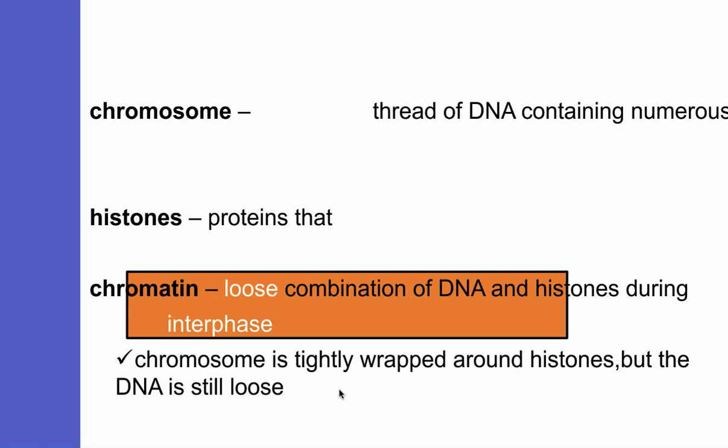We're going to talk about that supercoiling later, because I might not be able to describe that very well in a video. But chromatin is the invisible version of your chromosomes, so maybe we could put that in here: chromatin is invisible for all intents and purposes, hard to see.